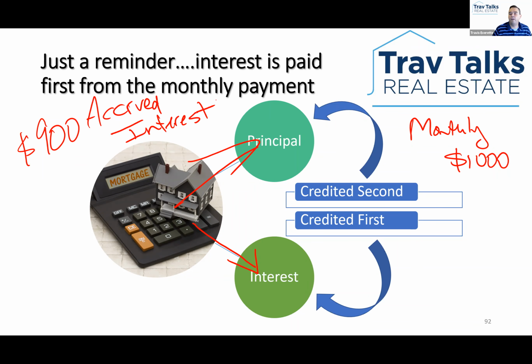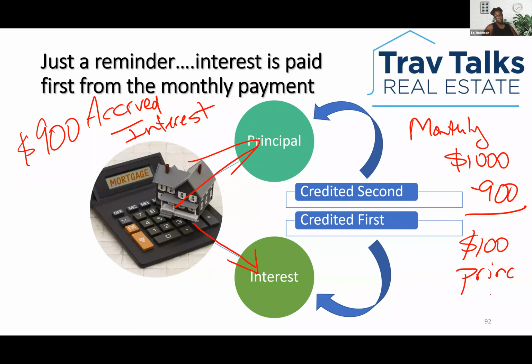Is that $900 going to come out second, after we apply some money toward the principal, or does that $900 come out of that payment first? First. So how much is going to go toward the principal? $100, that's left over. Does that make sense for everybody? In other words, you can never figure out how much is going toward the principal until you first eliminate the interest.